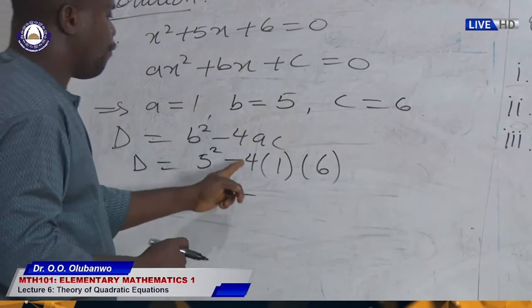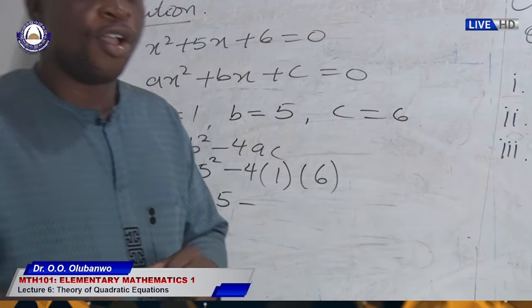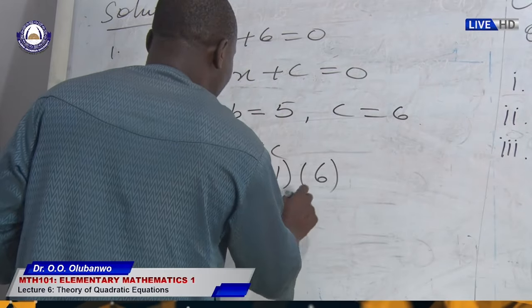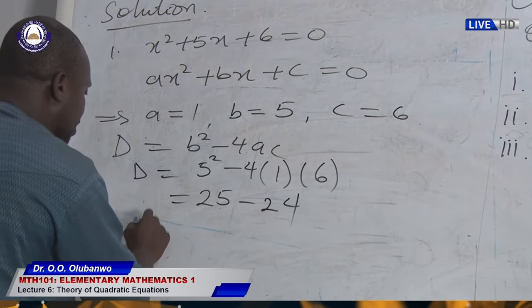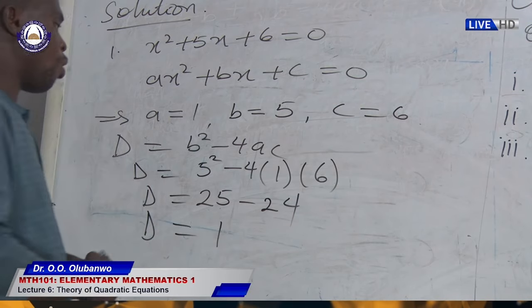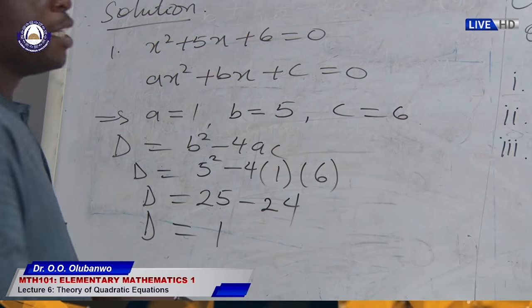Now, 4 times 1 is 4, and 4 times 6 is 24. Mathematically, our discriminant D is equal to 1 because 25 minus 24 is 1.